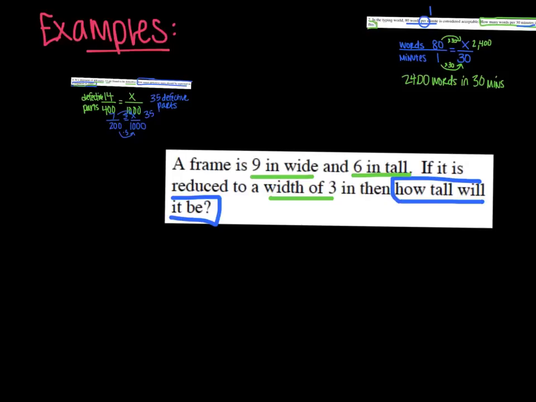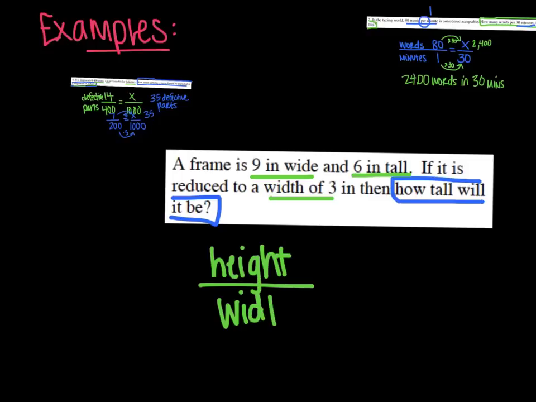So now that I have that, I can talk about my proportion. I know that I'm talking about length and width, or sorry, I should say height and width. So height and width are my two labels. And it doesn't really matter right now which way you flip it. It's not a huge deal as long as you are labeling.